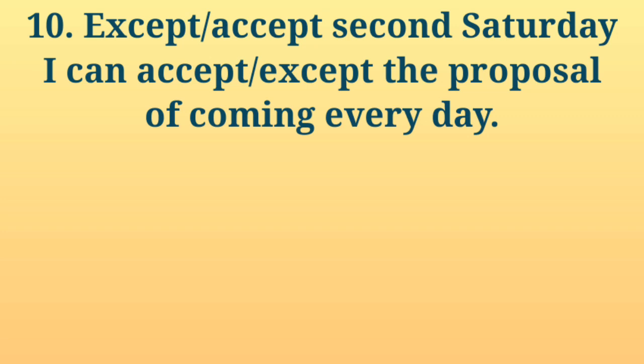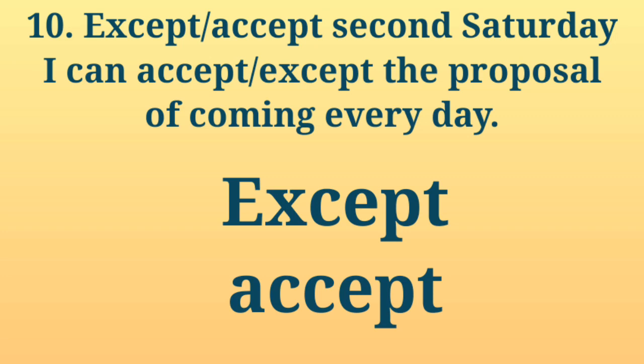Now again, this is a tricky one. Think deeply, what could it be? The answer is except with the E at first place and accept with the A at second place. As the sentence means, except second Saturday means apart from second Saturday, I can accept, I am willing to come every day. Apart from second Saturday, I am willing to come every day.